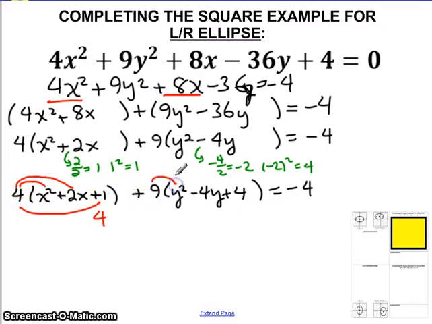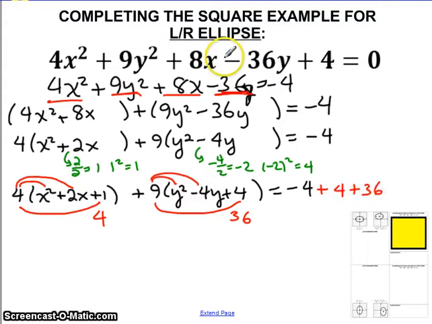I'm going to get 9y squared, I'm going to get minus 36y, and then here I've got an extra 36. Okay, so I've accounted for everything on this side, but I've got these extra numbers here. These are the ones that have to go over here.